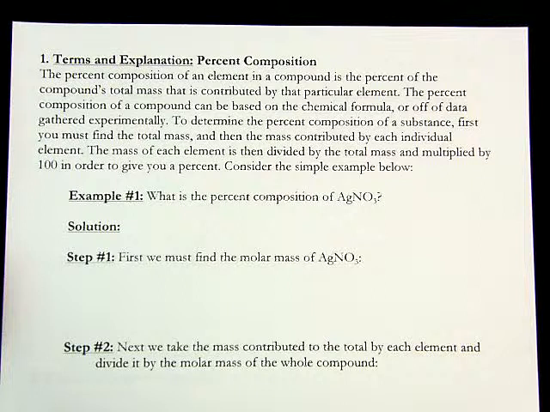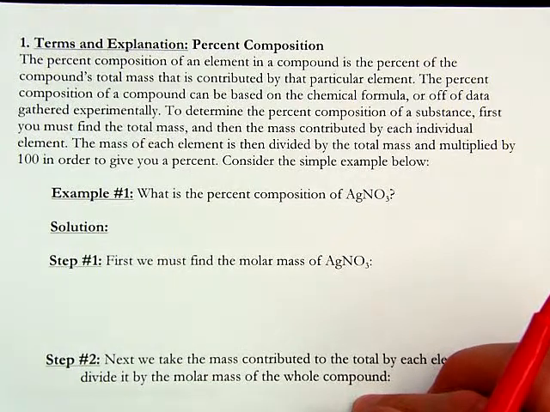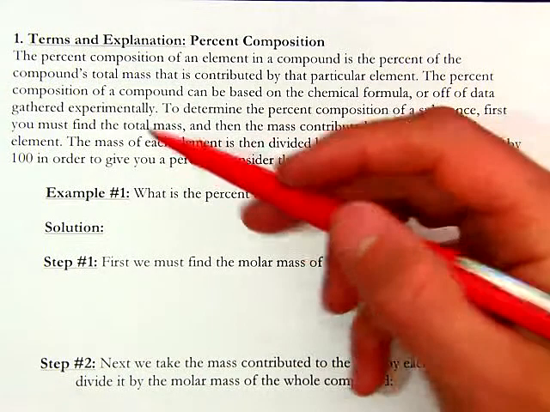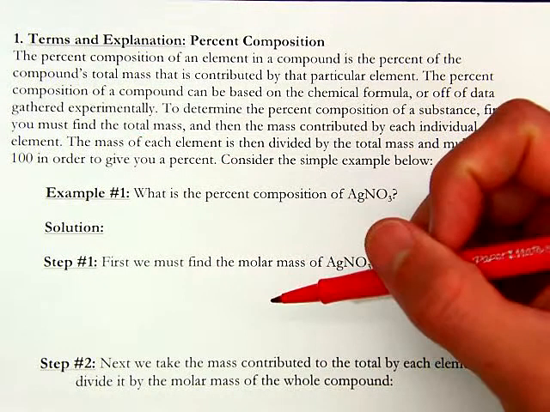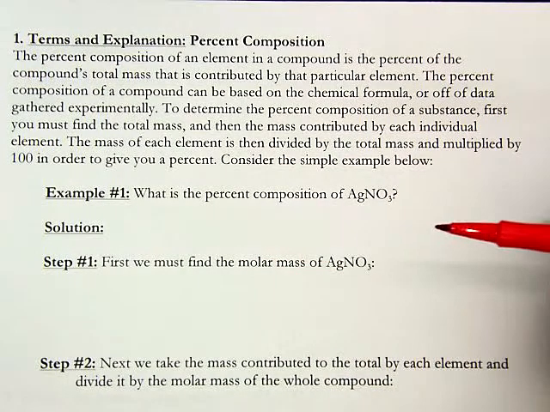If you have a compound, the compound is made of multiple elements, and percent composition is simply breaking down what percent of the compound's mass is contributed by each particular element.